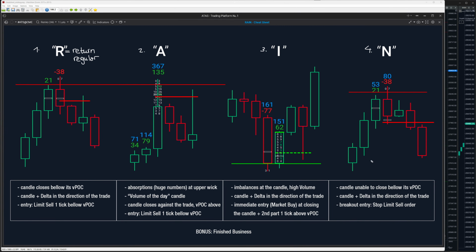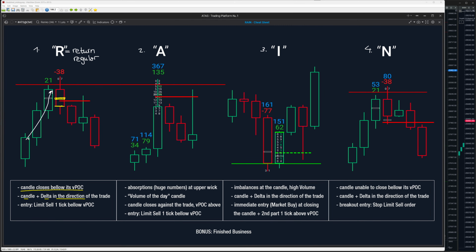So in the first case, when the price approaches the level from below, we wait for the candle that closes below its VPOC. The candle has the VPOC here, and it closes here. The second condition is that the candle as well as the delta of the candle is in the direction of the trade.